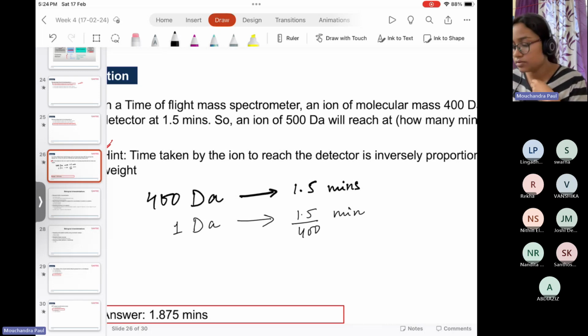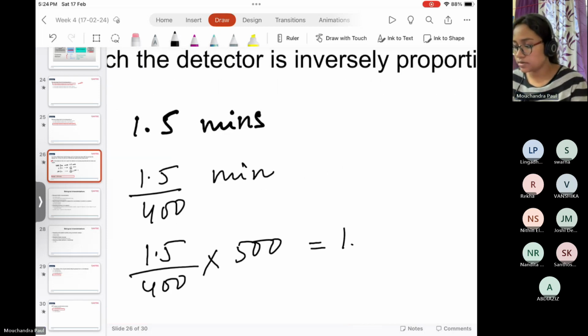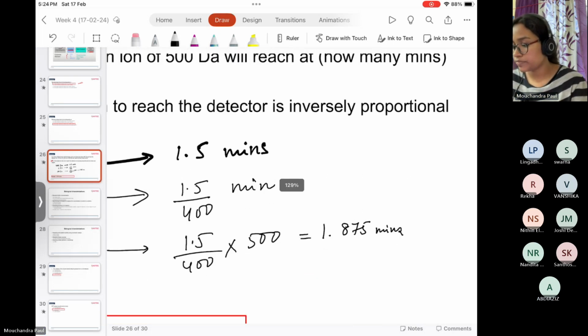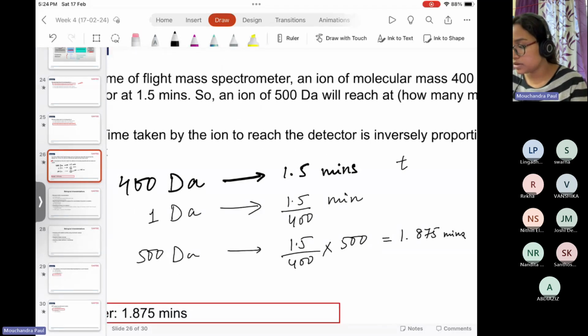Similarly, how much time will 500 Dalton take? You just multiply. And if you do that, what answer will you get? You'll get 1.875 minutes. So the time T400 was 1.5 minutes.